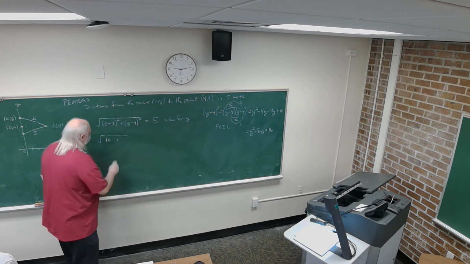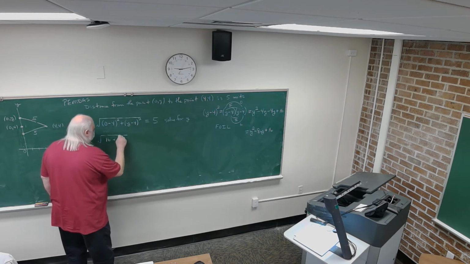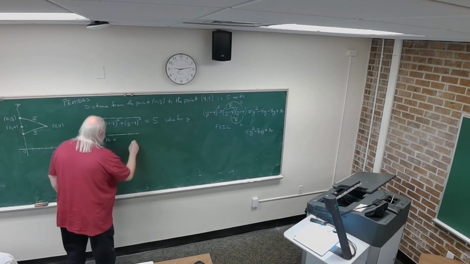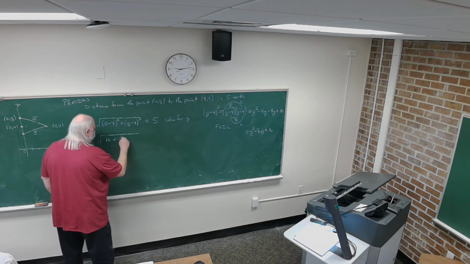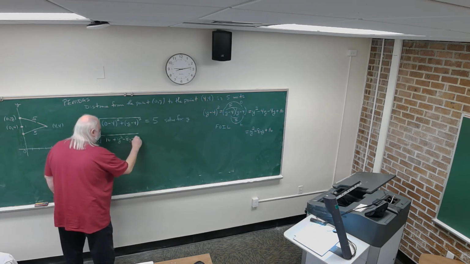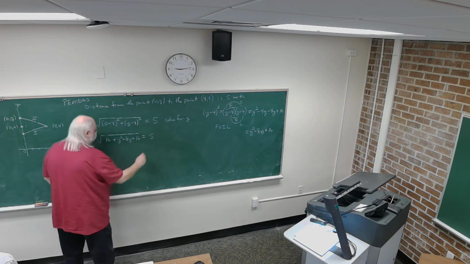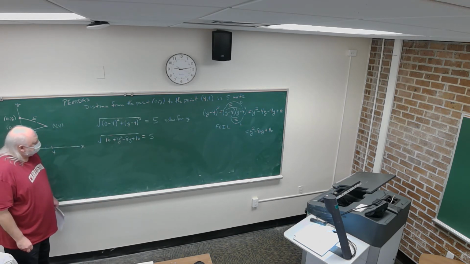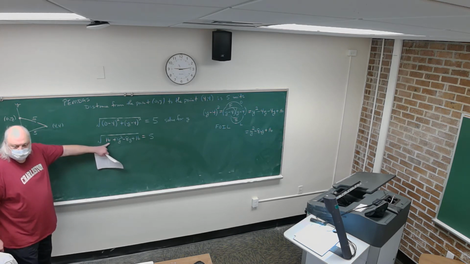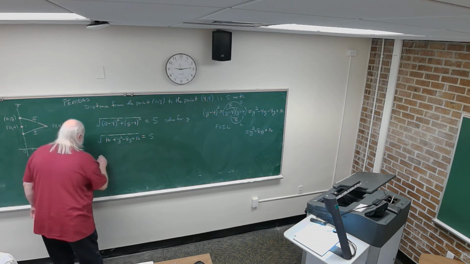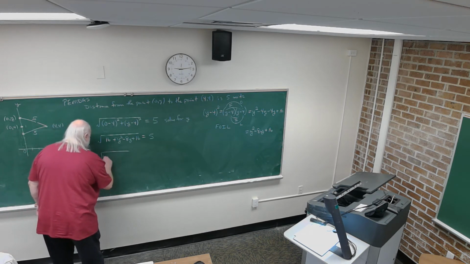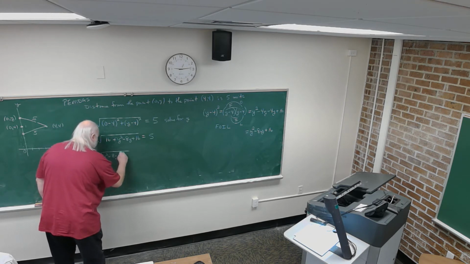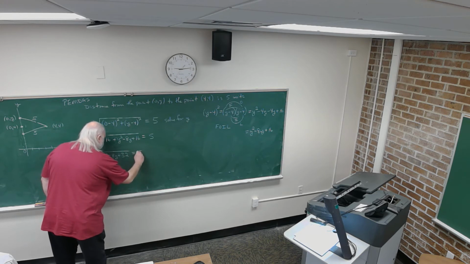So under the radical over here, we have y squared minus 8y plus 16. Combine like terms, 16 plus 16 is 32. So we have the square root of y squared minus 8y plus 32 is equal to 5.